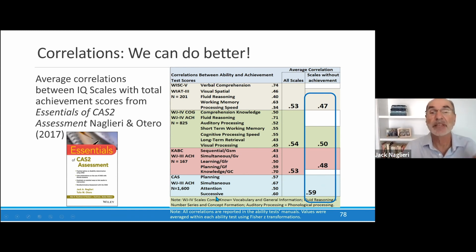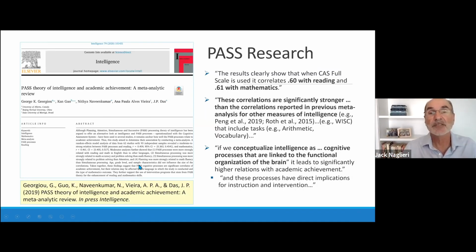But what really got me was this next study that I didn't do. It's published by George Giorgio and his colleagues. They did a meta-analysis on all the studies that looked at the relationship between PASS scores and achievement. And here's what they found. The correlations are significantly stronger than the correlations reported in previous meta-analyses for all other measures of intelligence.